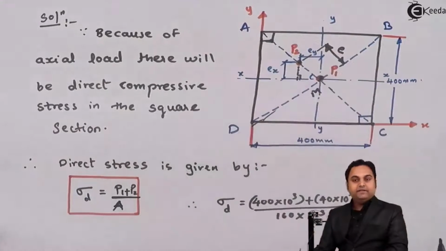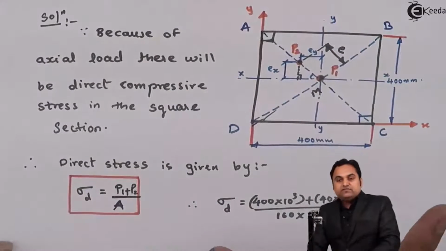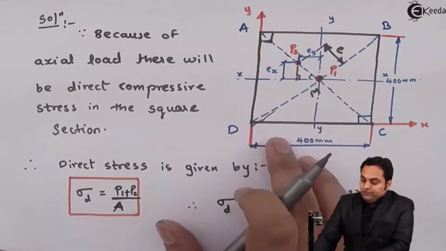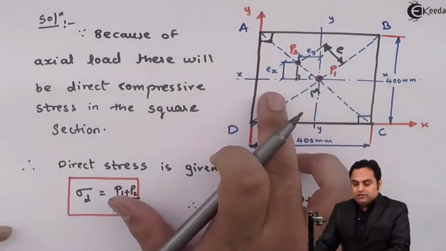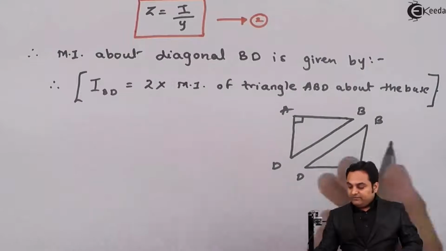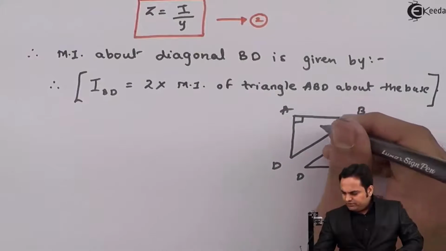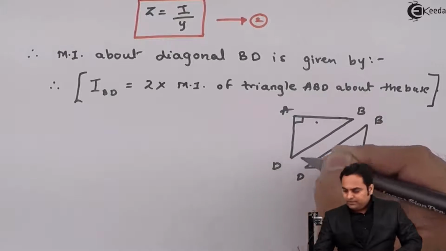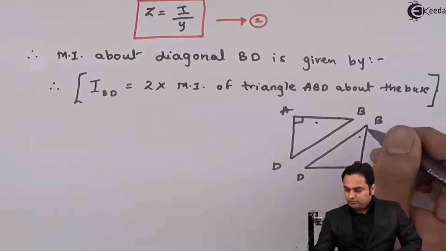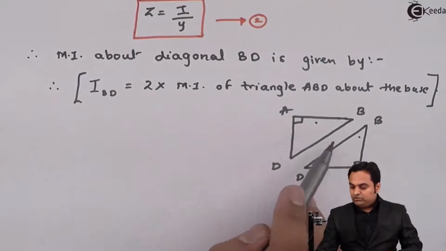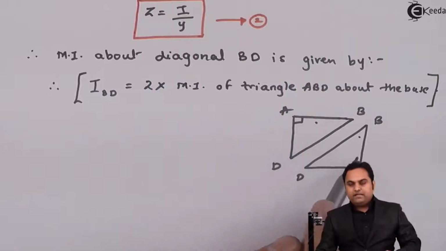A to M is the height. So for calculating the MI about BD, I am considering the moment of inertia of a triangle and multiplying it by 2. So here same thing I have written. I will be calculating the moment of inertia for this triangle about the base BD. Similarly for this triangle about the base, multiplying it by 2 simply because both the triangles have the same dimensions.